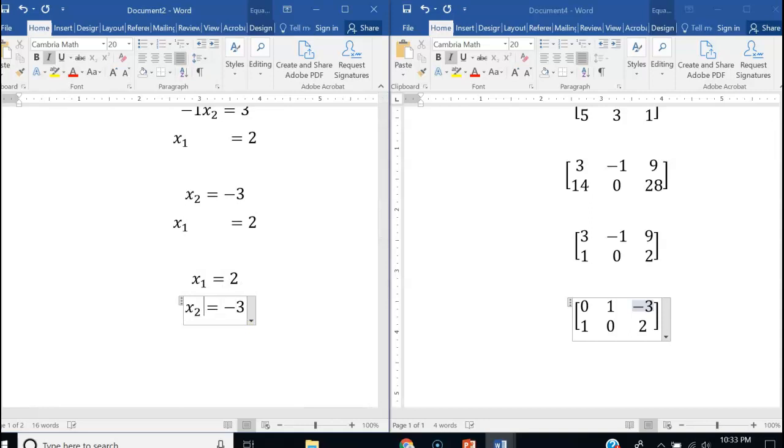Nothing really is happening there other than swapping the order. By the way, if you do that with your matrix, you tend to see this notation next to the matrix. So you put row 1 in row 2, now swap it. So that's a row swap. Fairly easy what we're doing there.